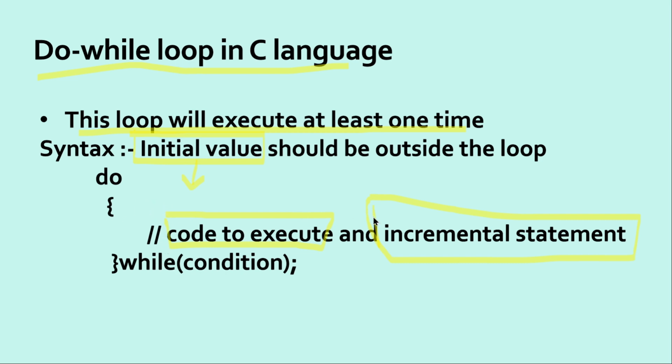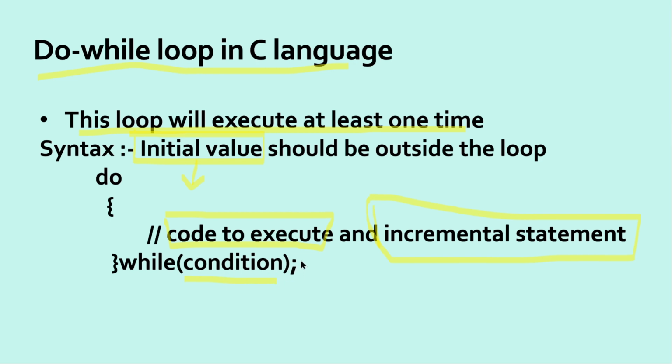Now after the execution of code and incremental statement written in this do, it will check the condition. That is why in do while the code will be executed at least one time. First it will execute the code one time and then it will check.